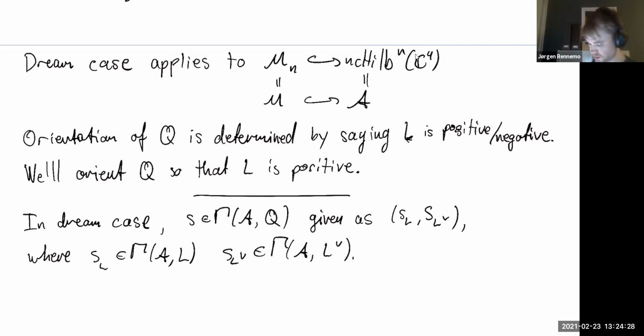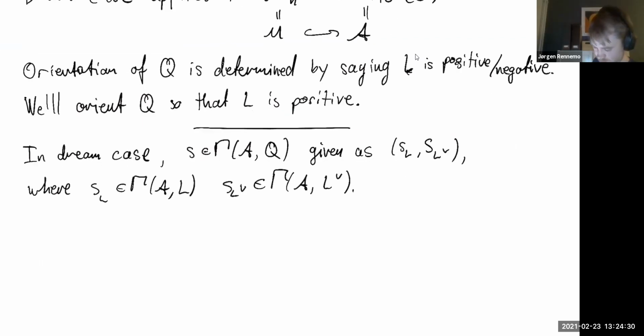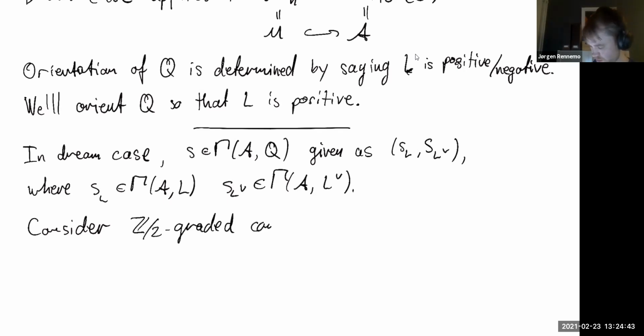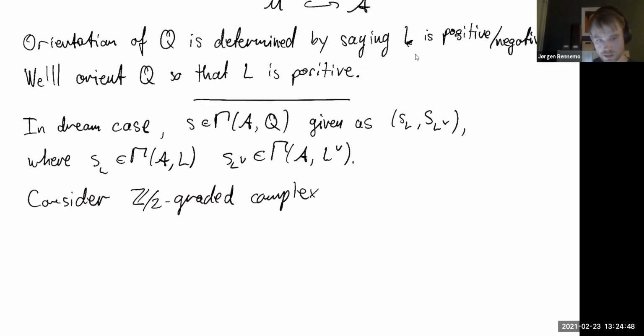Right. So now I write down a complex on A. I consider the following set to graded. It's not a complex in the usual sense, well, depending what you take to be the usual meaning of a complex, but I think of it as a variant of a complex, where I start by taking the Koszul resolution associated to one of these two sections above.